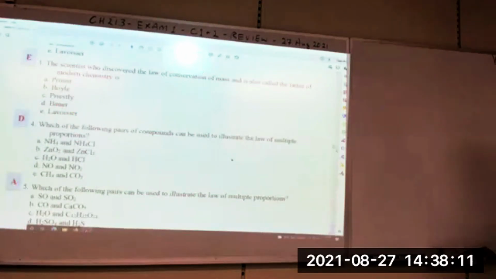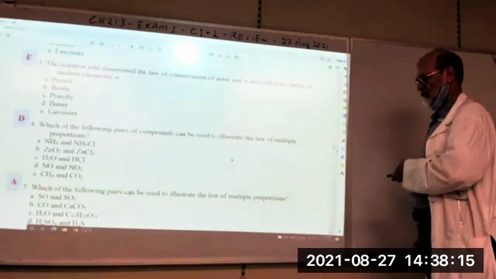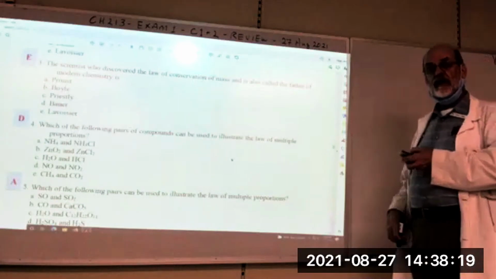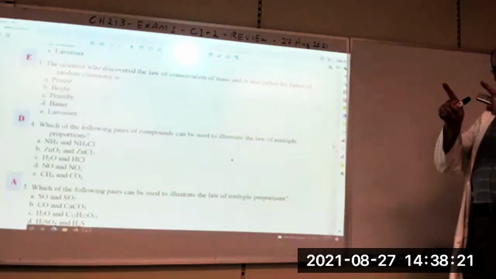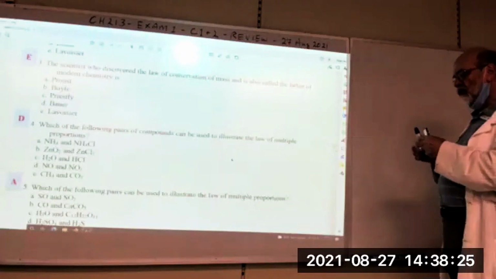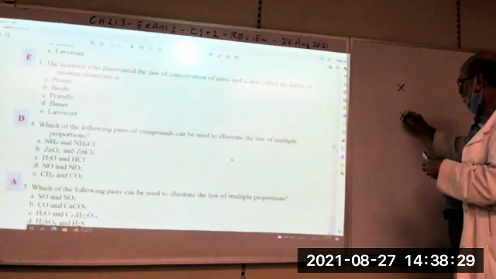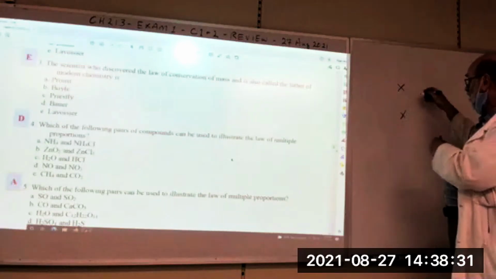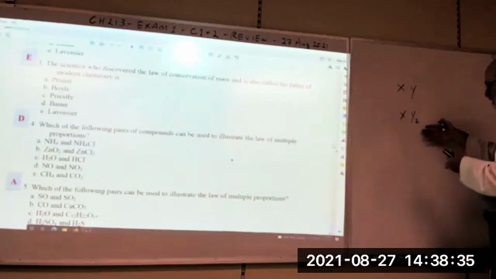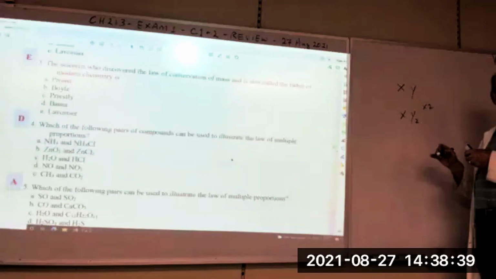Which of the following pairs of compounds can be used to illustrate the law of multiple proportions? Right. Remember multiple proportions? You have two components, and if you hold one of the components constant as the same amount, then the second component's ratio will be a whole number of multiples.